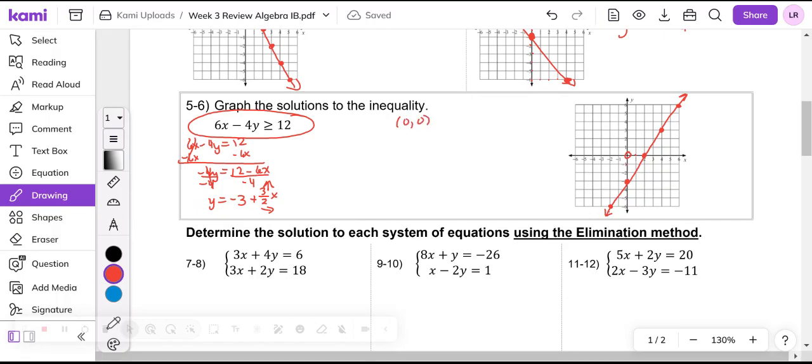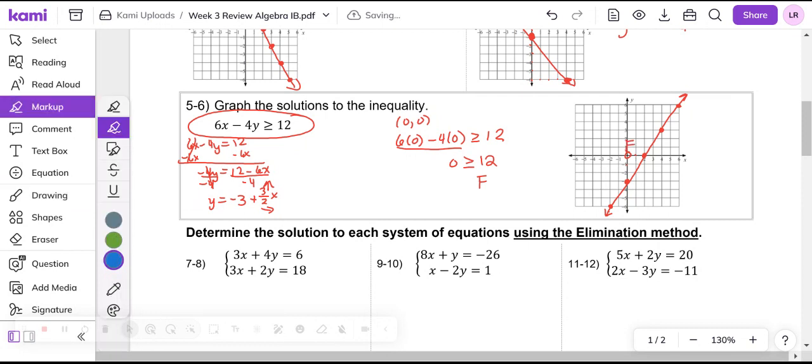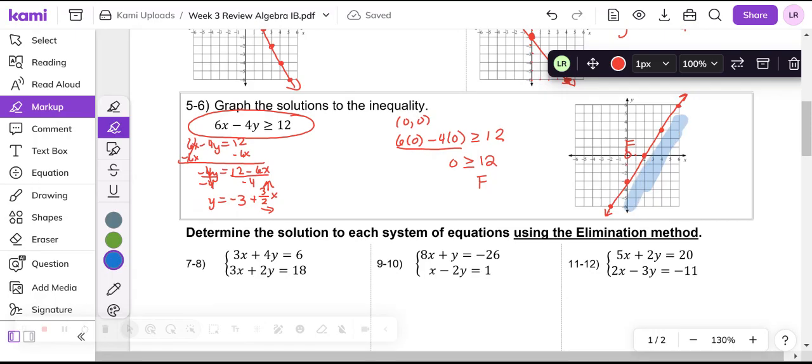So for 0, 0, I would plug in 0 for x, 0 for y, and we're going to see if this is true. If I compute that, I get 0 is greater than or equal to 12. 12 is a larger number, so this is a false statement. So if this data point is false, that means all the data points that are true are on the other side of the line.